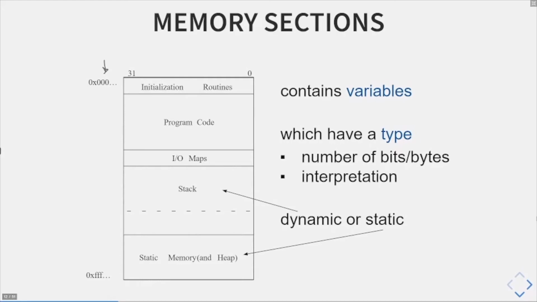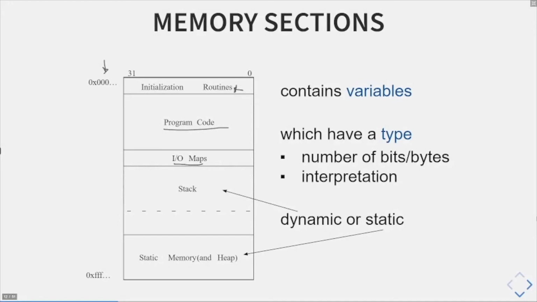Those memory sections at least have some part of your memory that stores your program code. The initialization routines, or the reset vector routines, plus the IRQ routines are at a special part of the memory that is mapped at the start, which you need to know when doing this. You commonly have something called an interrupt and output map.